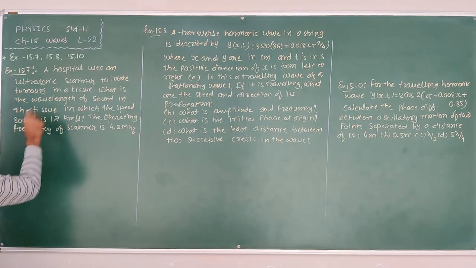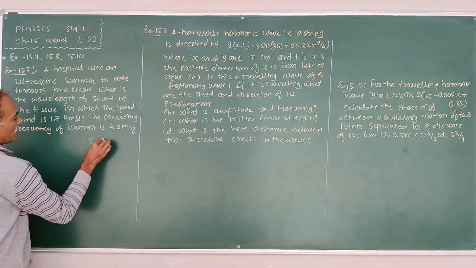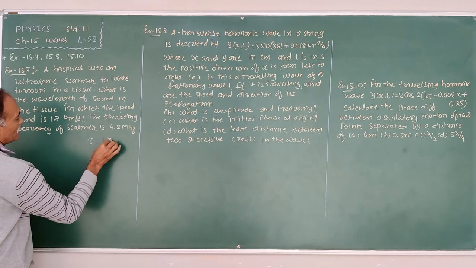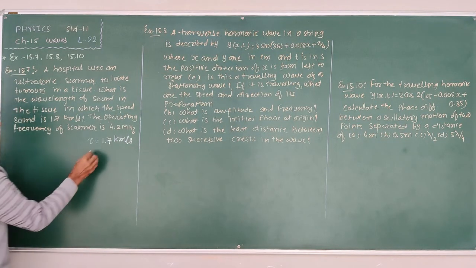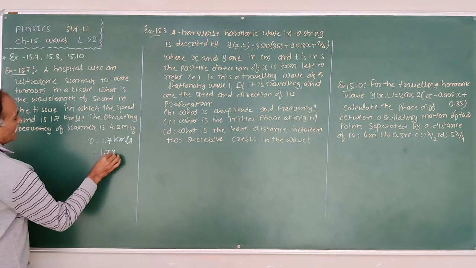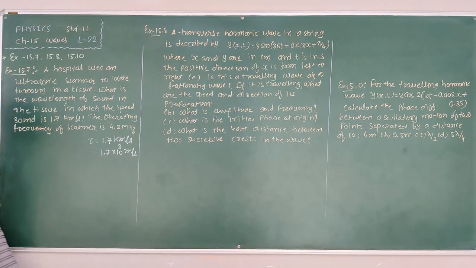What is given first? The speed of a sound wave in tissue, v, is given as 1.7 kilometer per second. Convert into meter per second, that means 1.7 into 10 to the power 3 meter per second.